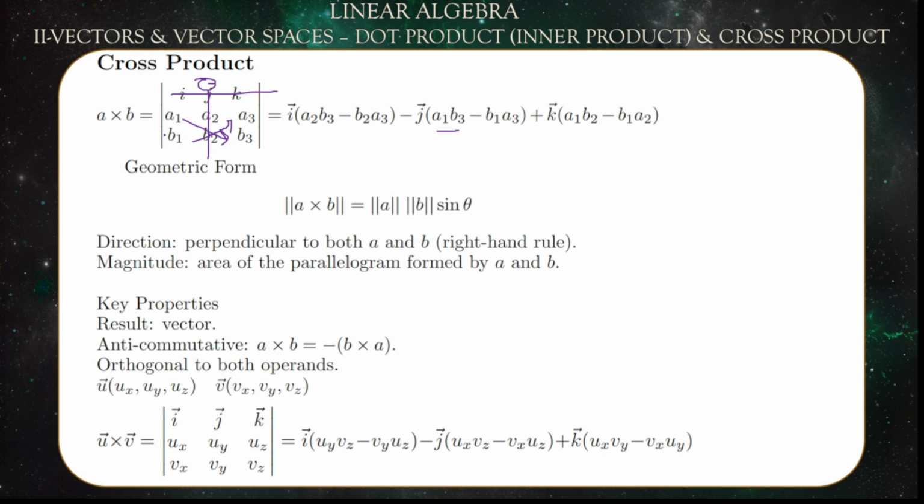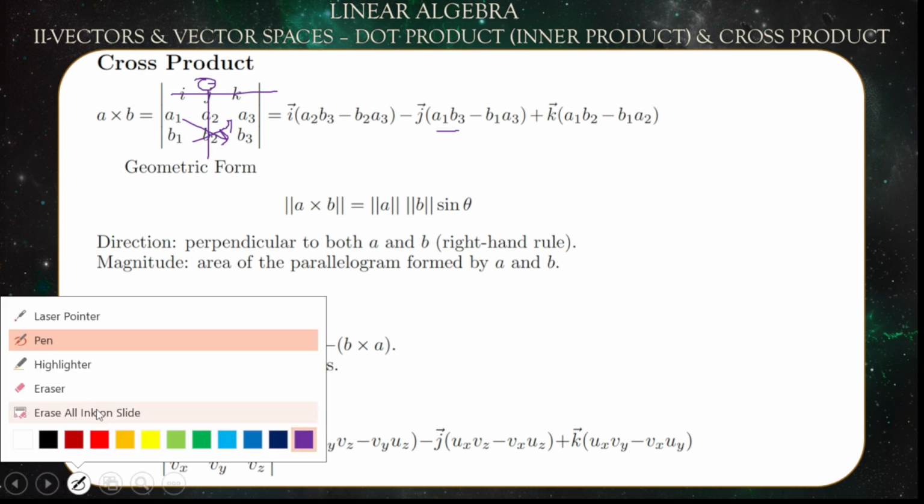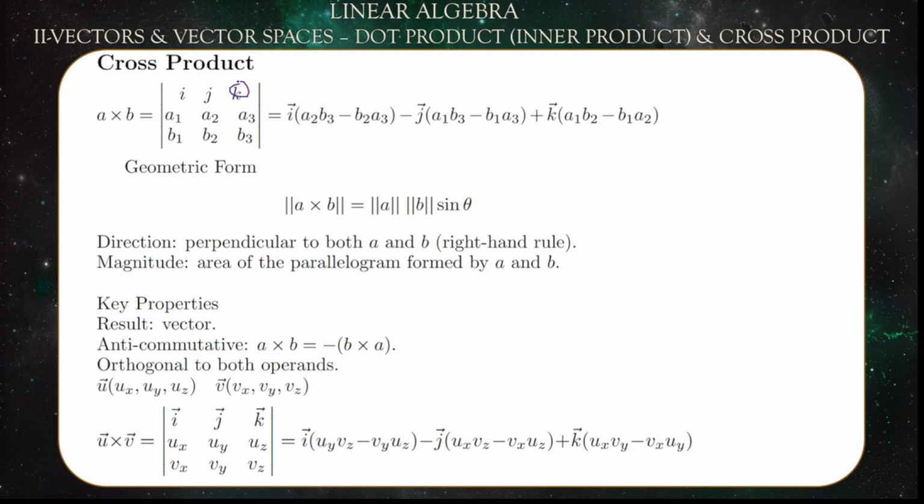Plus finally K, so K here should remain positive. What are the intersecting row and column? They are the following. So plus K times A1, B2 minus B1, A2.